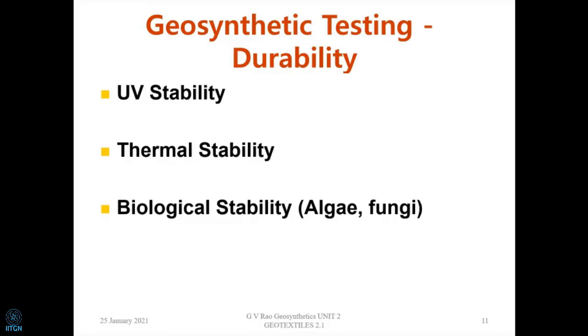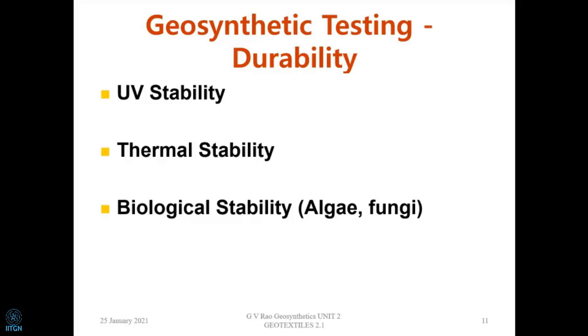As I said already, in bituminous pavement structures, naturally thermal stability. And if it is a natural fiber geotextile, that is jute and coir, then algae and fungi are known to cause damage to it, so it will be biological degradation. Chemical degradation, biological degradation, ultraviolet degradation, thermal degradation, all of them will be studied in durability. So we want to assess from all these angles.